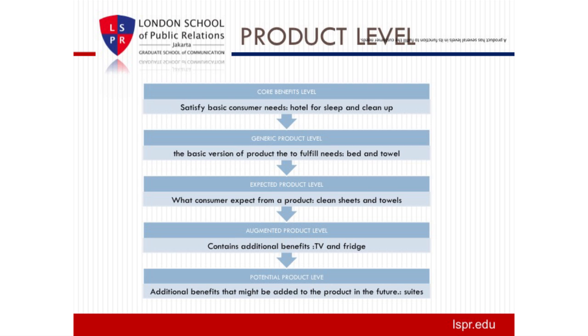For instance, in some hotels, especially those costing a significant amount of money, you have a TV, refrigerators, and other things like a hair dryer. And you can always increase the product level to potential needs, because consumer needs are ever expanding. For instance, a consumer who can afford a better hotel may like suites with kitchenettes and a dining room.